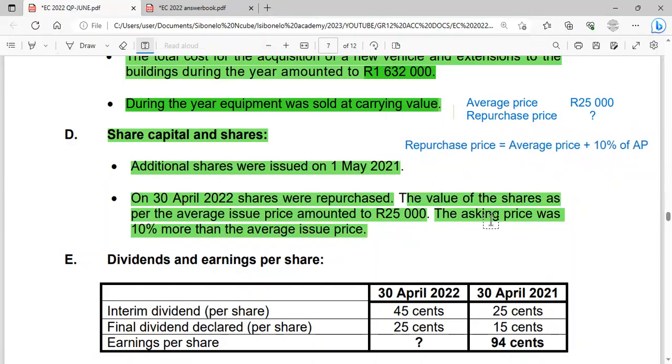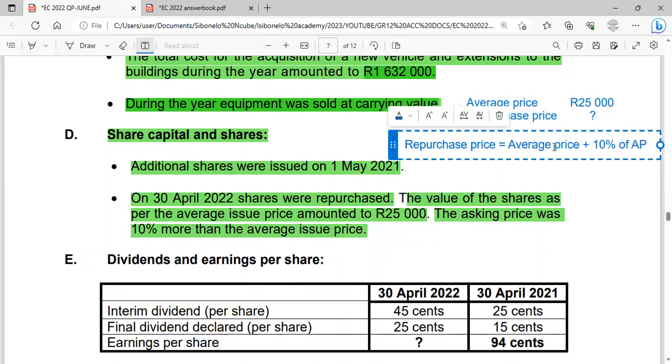So guys, here we are told that the asking price was 10% more than the average issue price. So on top of the average issue price, we're gonna add the 10% of that average price.